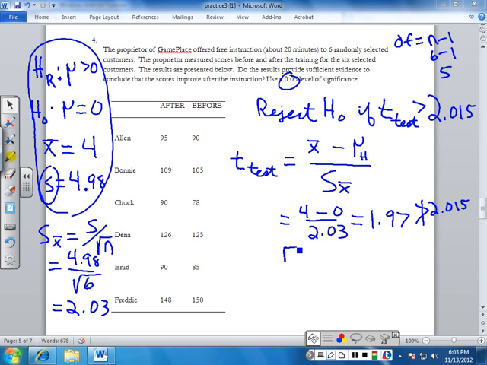So we failed to reject H0. Mu could be 0. Question on what's just up there now.